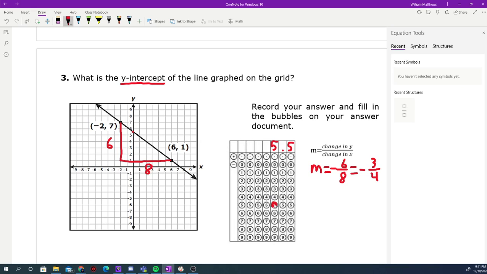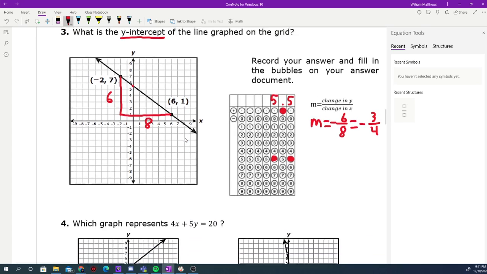Now to use algebraic reasoning, I need to remember the equations that I was given. The best one for this situation, now that I found slope, would be the point-slope formula.